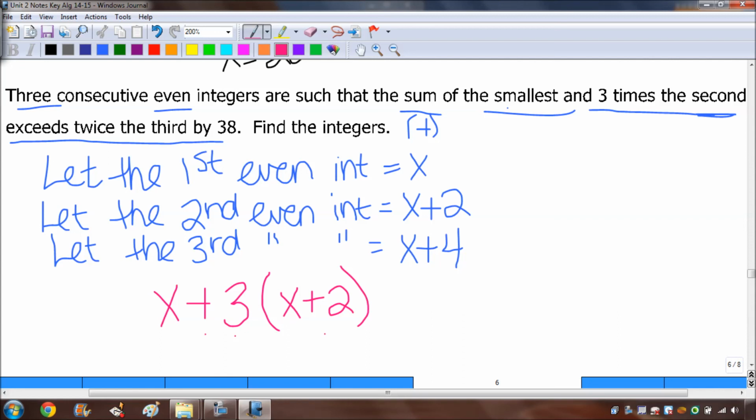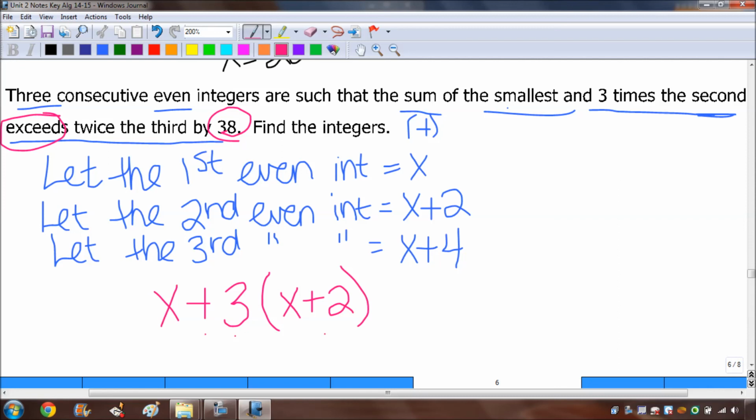Exceeds. To exceed a number means to be more than a number by a certain amount. So it exceeds it means that the sum of the smallest and 3 times the second is equal to 38 more than twice the third. Okay? So hopefully that rewording makes a little bit more sense to you. 38 more than twice the third.